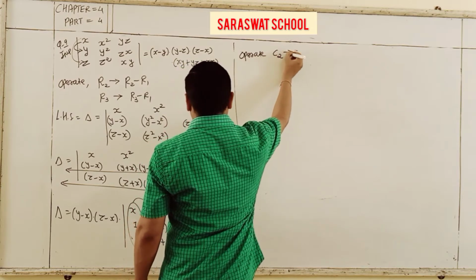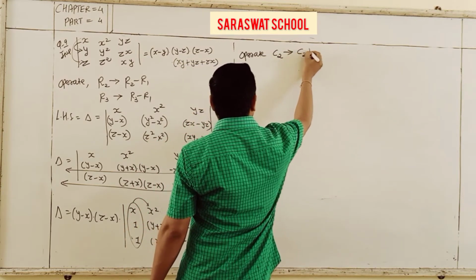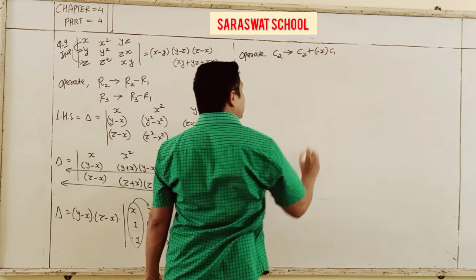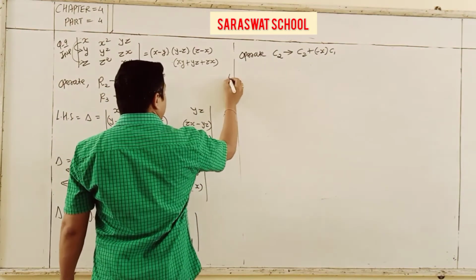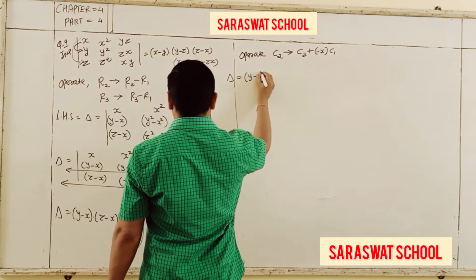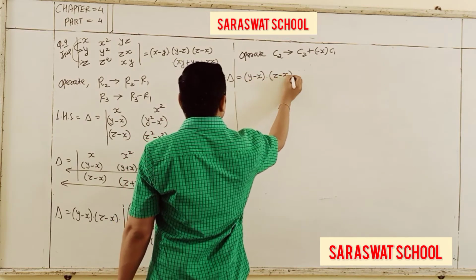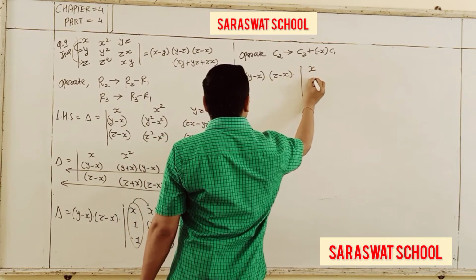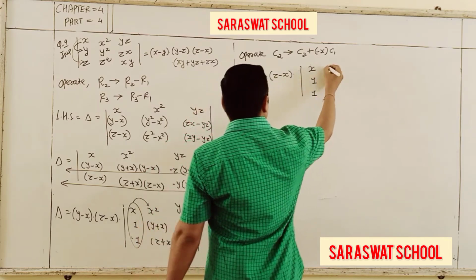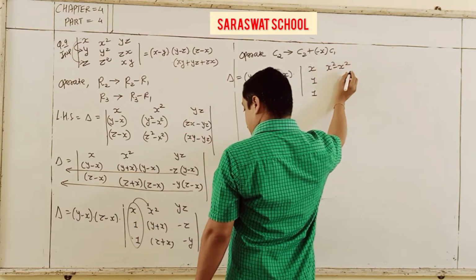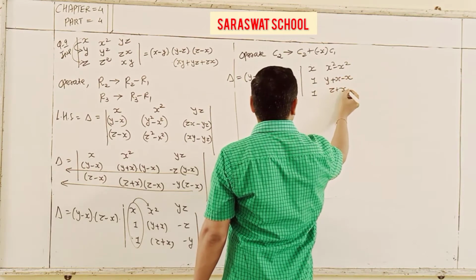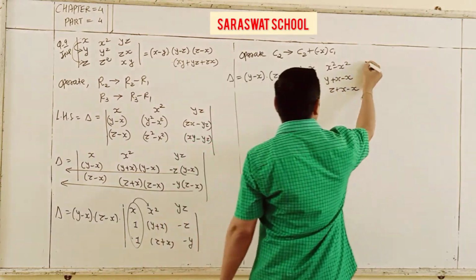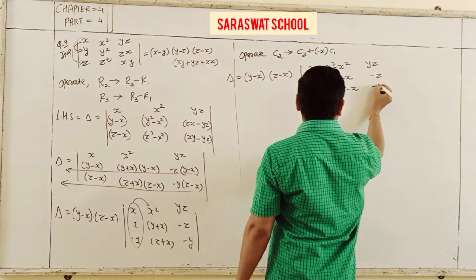Column number 2 changes: column 2 plus minus x multiplied by column 1. So x square minus x square is 0. So my del is y minus x, z minus x, x, 1, 1 the same, x square minus x square, y plus x minus x, and z plus x minus x, the others the same, yz minus z minus y.